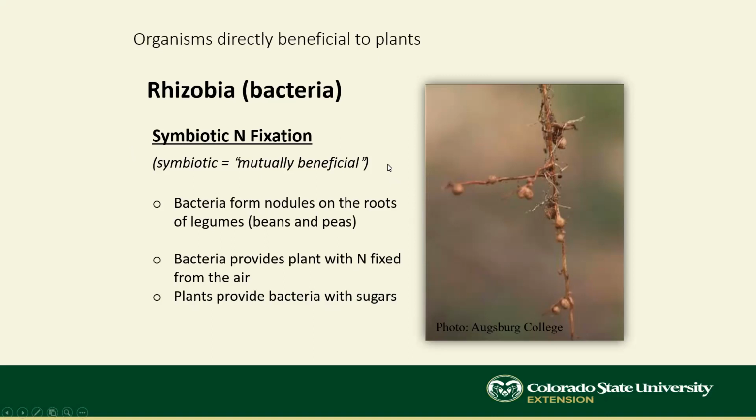It's hard to raise beans in Gunnison, but if you pull a healthy pea plant out, you're going to see all these little nodules around the roots. These nodules are those rhizobia bacteria, and they're pulling nitrogen from the atmosphere and putting it into the plant, because nitrogen is a huge mineral that we need our plants to take up for proper growth.